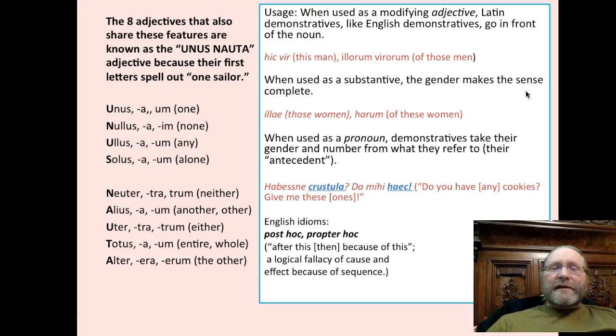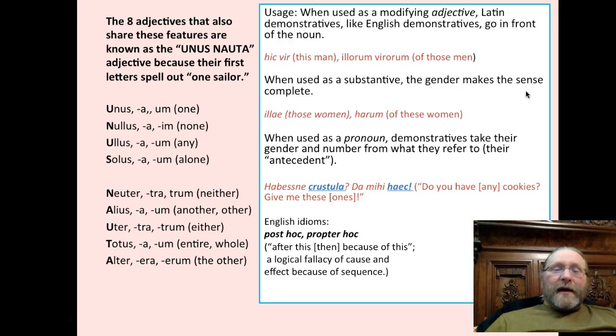Book in Latin is masculine and singular. So if you said, I like this one, this in Latin would need to be masculine and singular too, in order to make it clear that what the this is referring to is the book in the previous part of the sentence, or the sentence just before.